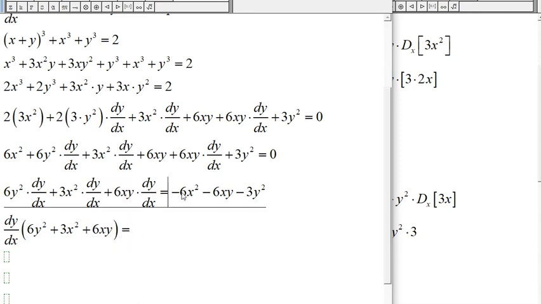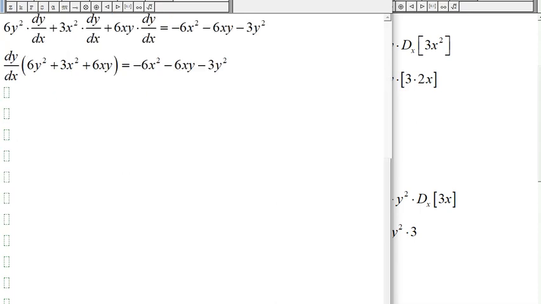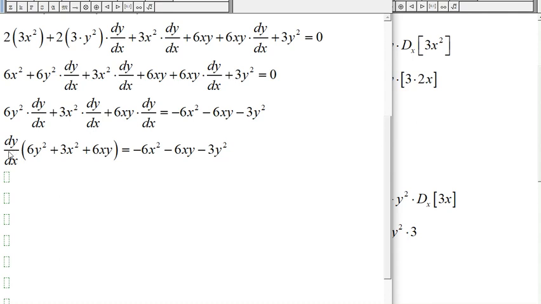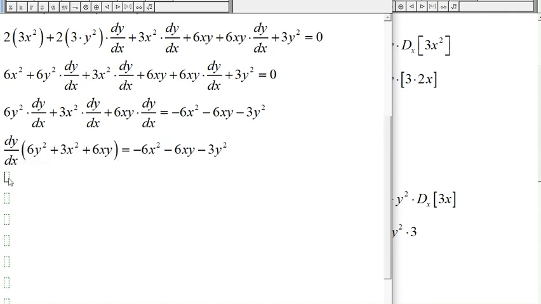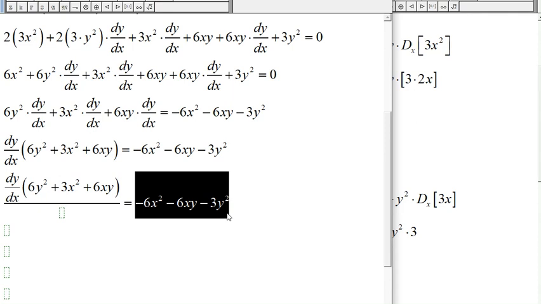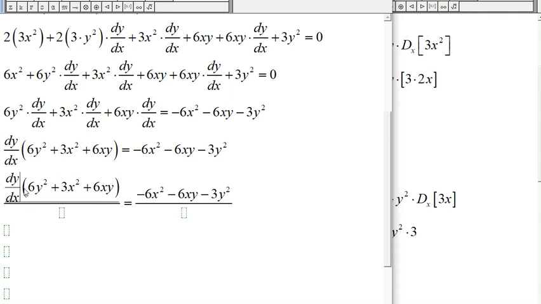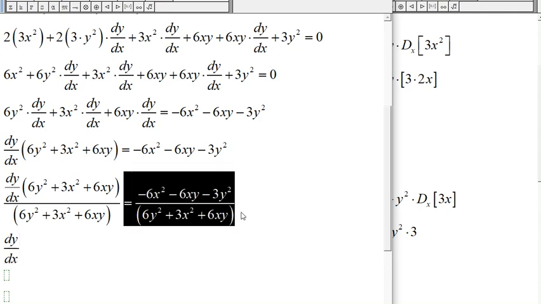And then equal to all of this. And now divide both sides by this right here. And so dy dx is equal to this.